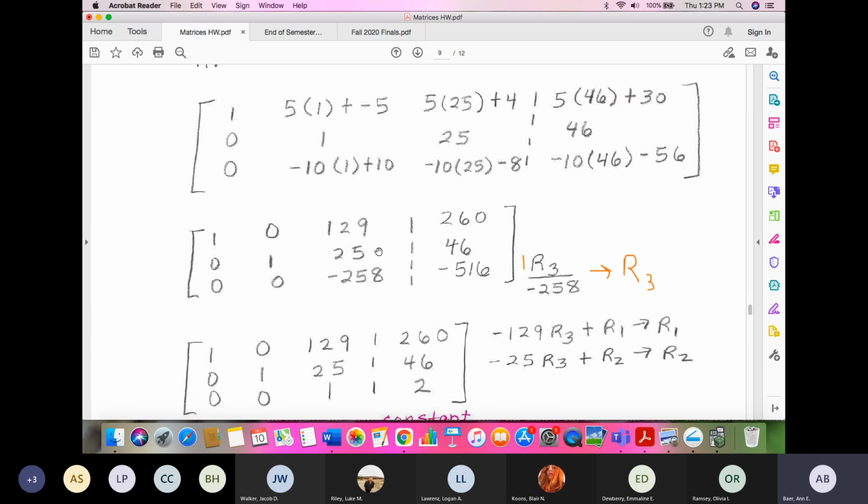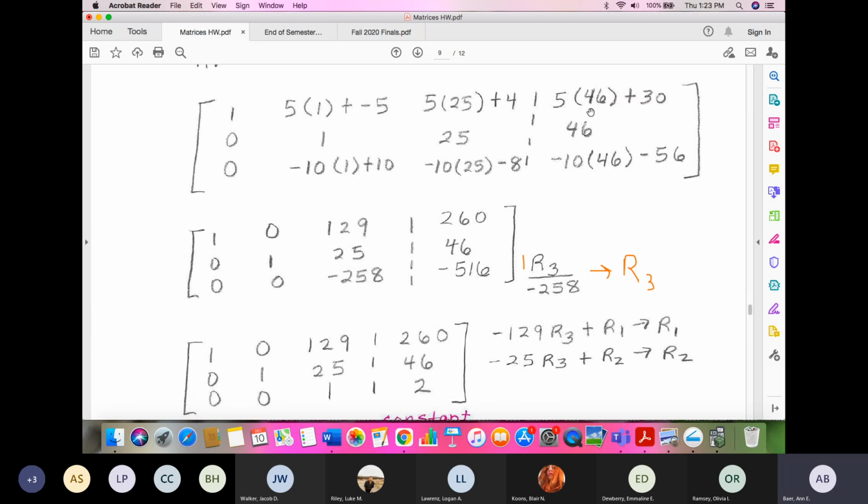Copy down this 25. Do this calculation: negative 10 times 25 minus 8, and I get negative 258.